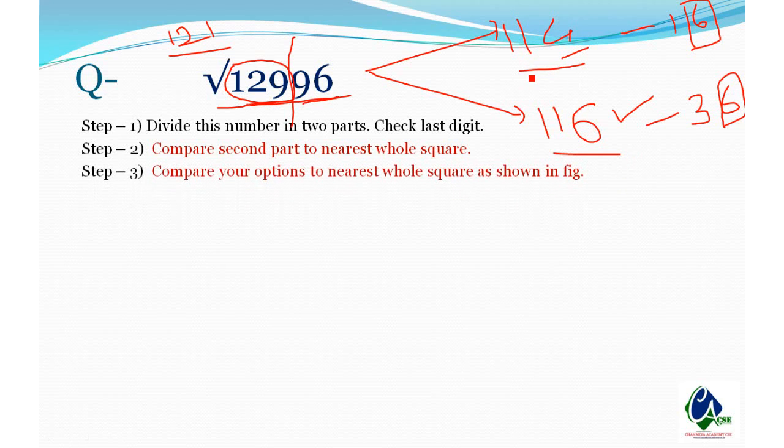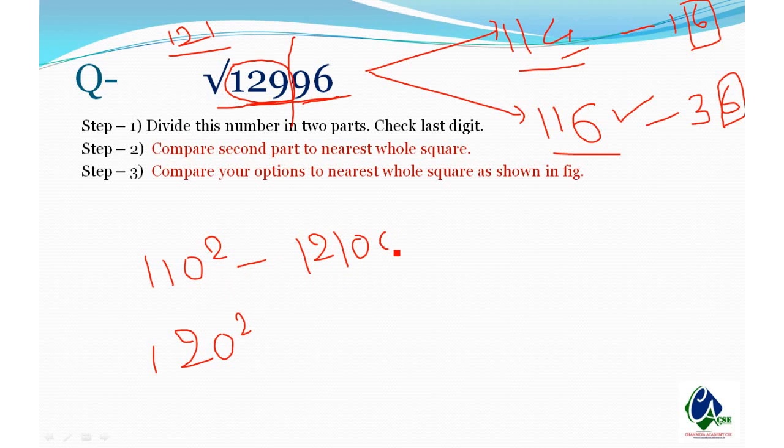Now the third step is just to compare these numbers to 110 or 120. Square of these numbers, this is 12100 and this is 14400 now.